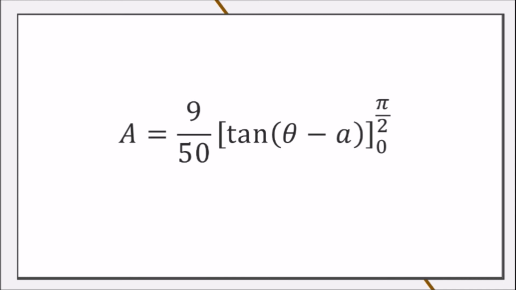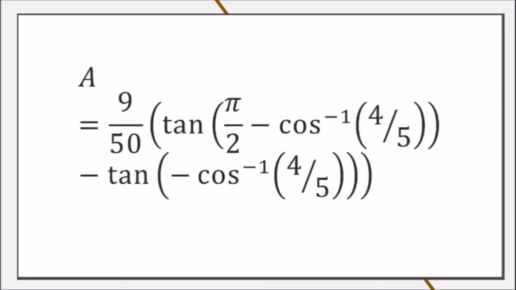So now we have A equals 9/50 of tan of theta minus alpha from 0 to pi over 2, or a quarter tau if you're a rebel without a cause, or if you are a rebel and that cause is using tau instead of pi. So what you can do now is just substitute a back in, because as I said, we already know what a is.